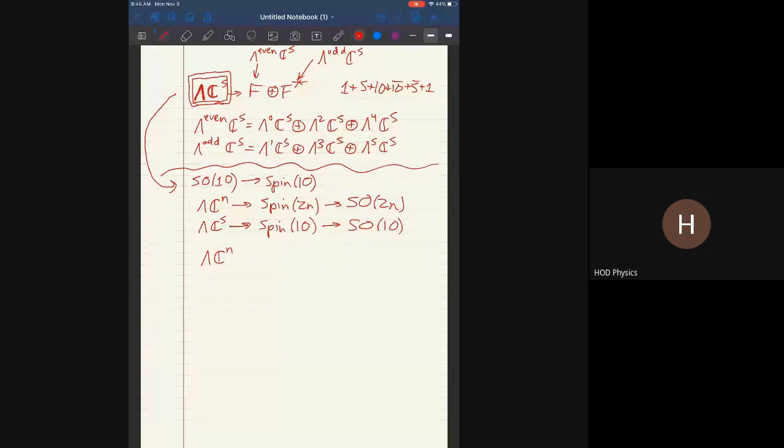Okay, so the idea is this. We met this vector space Lambda C^n. Now I want to define two operators on Lambda C^n.